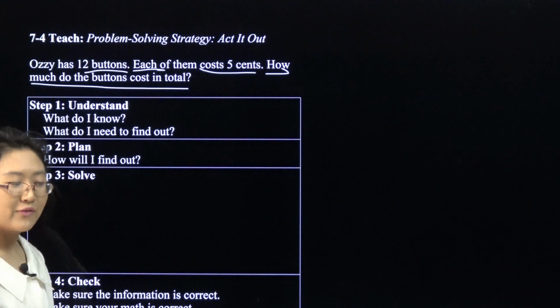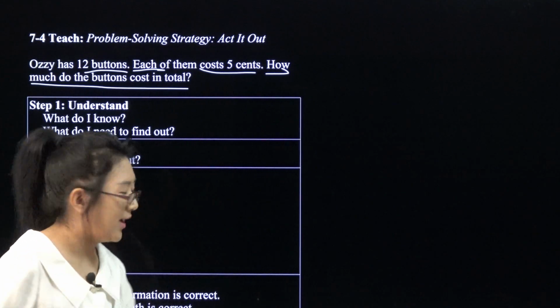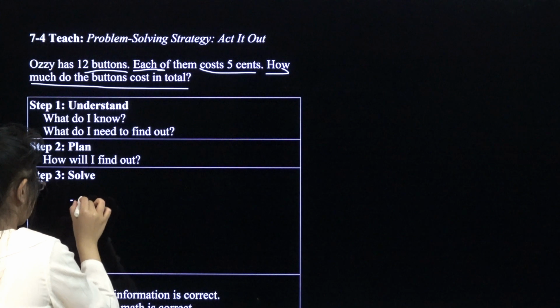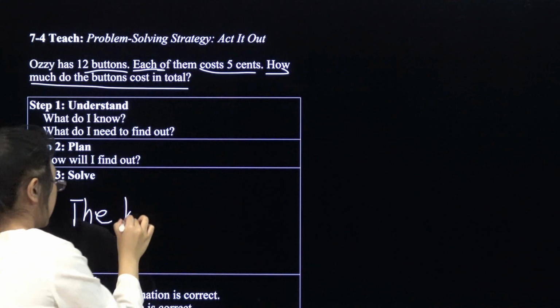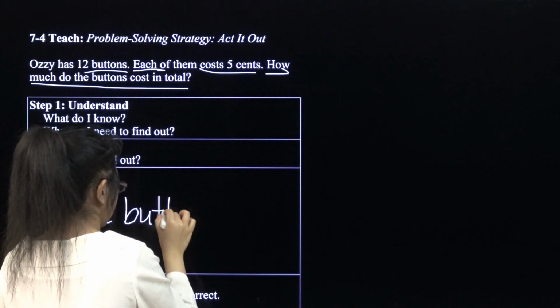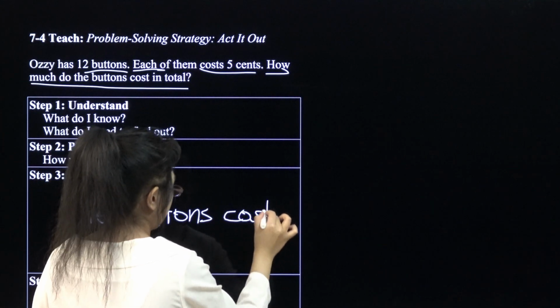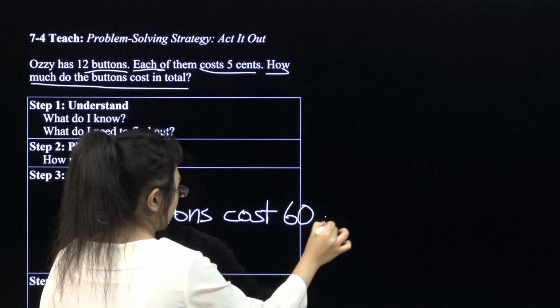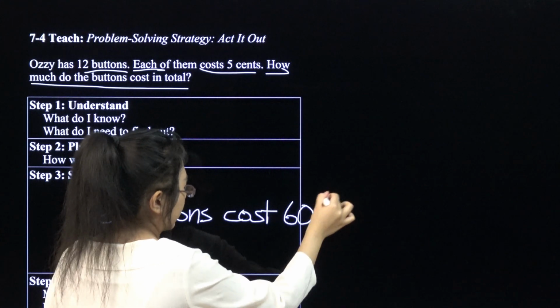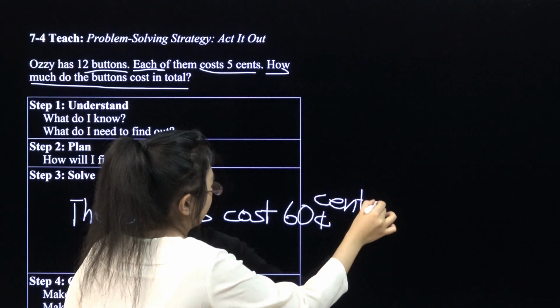Woo! I've counted 60 cents. The buttons cost 60 cents. You could also write cents out.